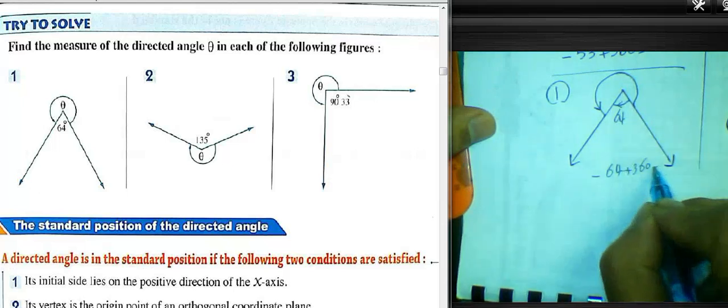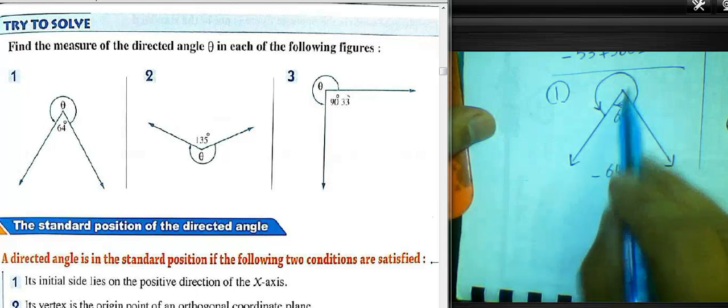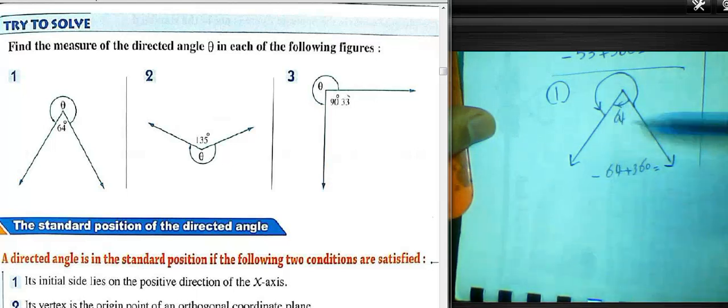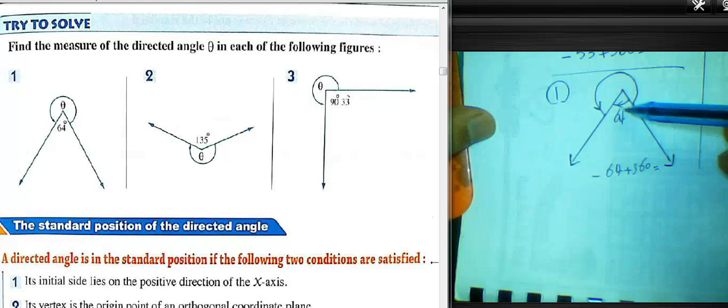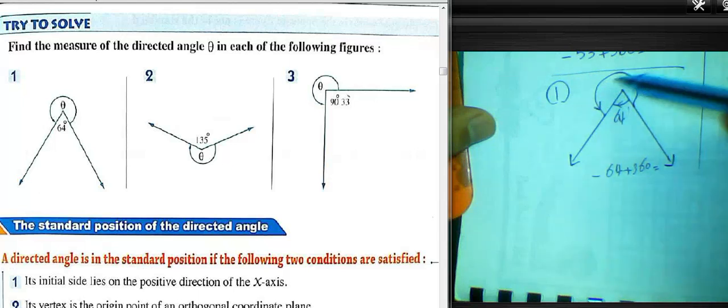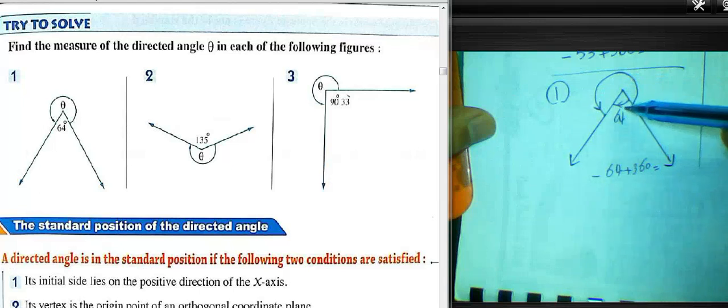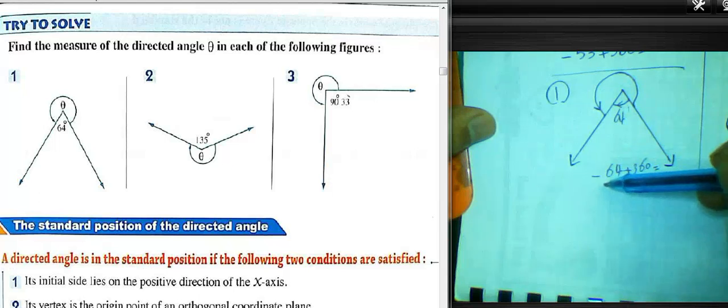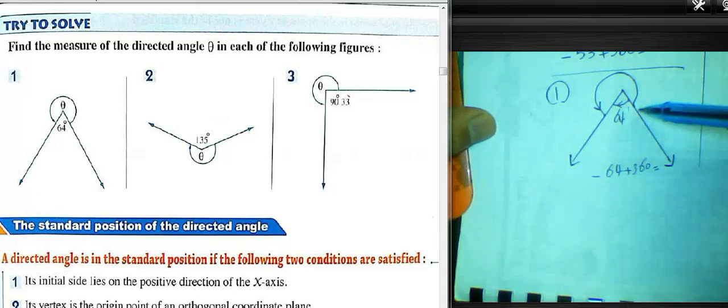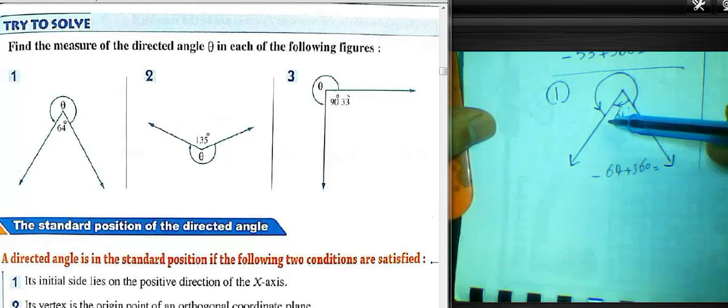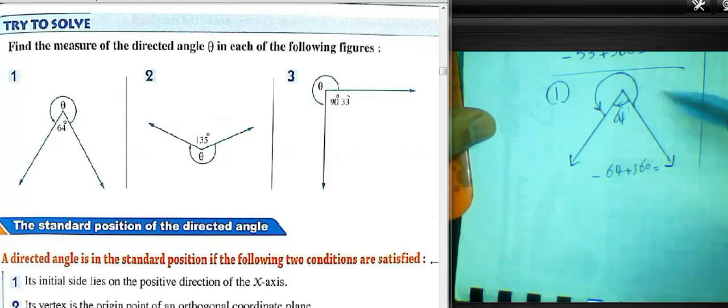The second direction is the inverse of the first direction. The first direction is anti-clockwise, and this direction will be clockwise. So the sign will be negative, and for the anti-clockwise direction we write plus 360.